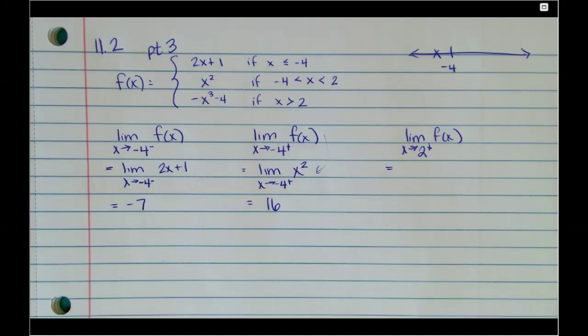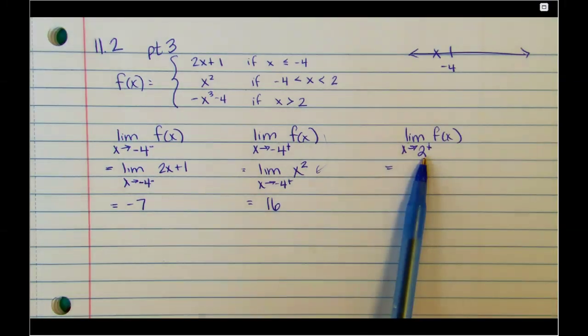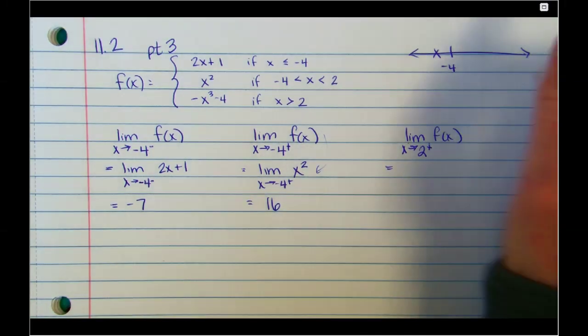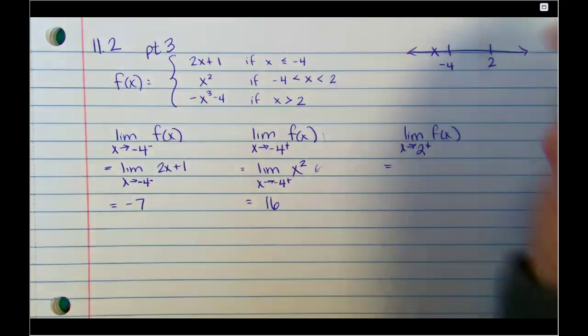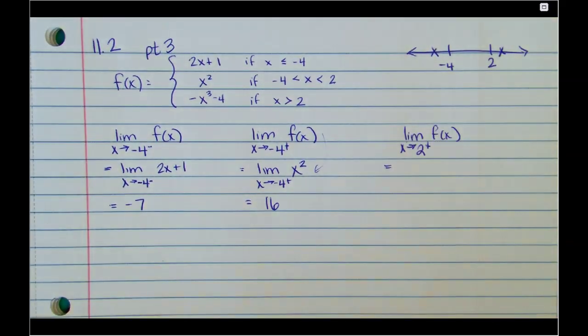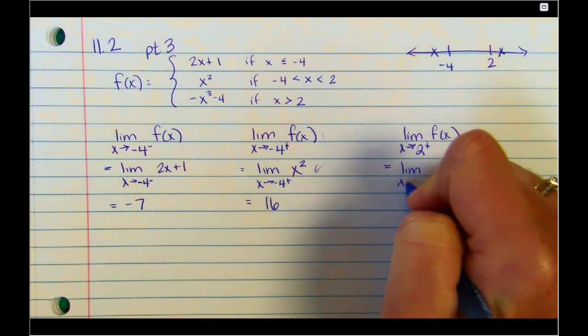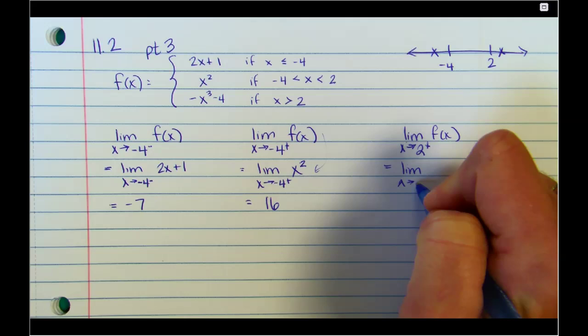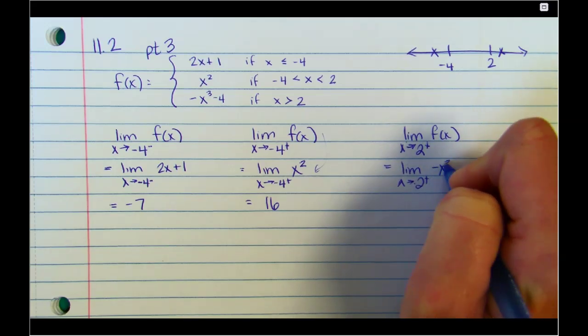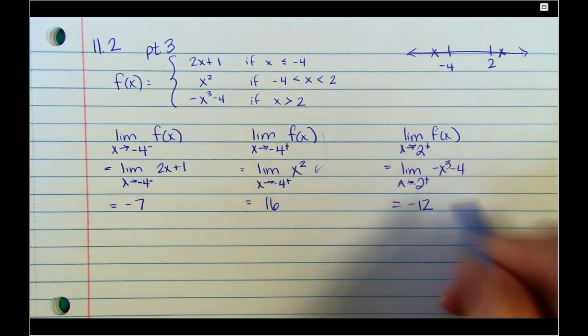Negative 12. Correct. Which piece are we using? The bottom one. Because we're talking about 2, and we're coming from the right side of 2. That's greater than 2, so we're using the bottom piece there. The limit as x approaches 2 from the right of negative x cubed minus 4 is negative 12.